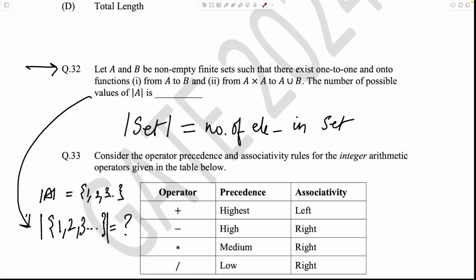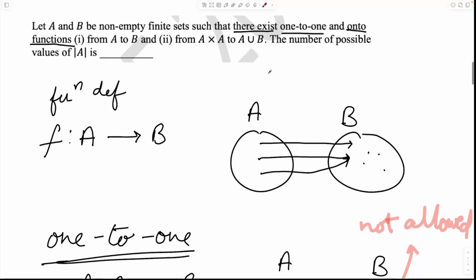So a function, let me revise, is basically a relation in which for every element in A there is a corresponding element in B. The corresponding element need not be unique; for two elements of A, the corresponding element in B can be the same, and the whole of B need not be occupied.